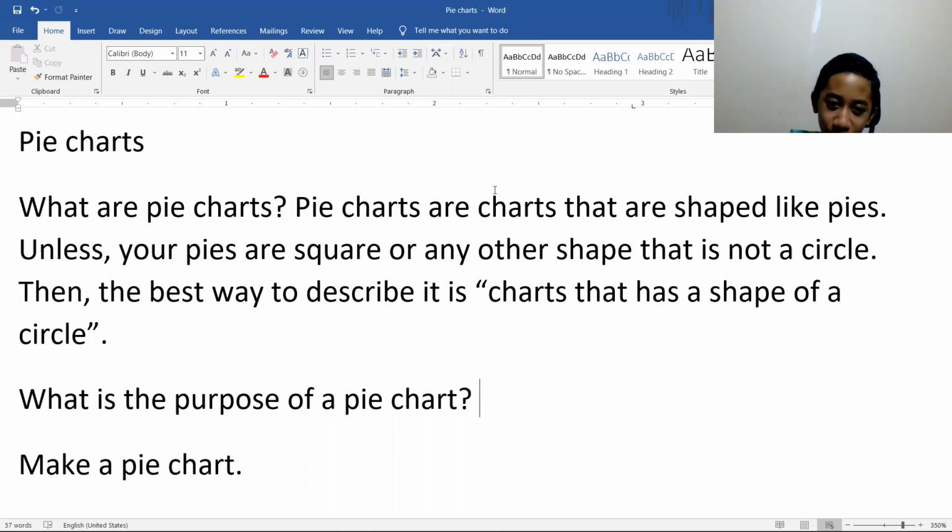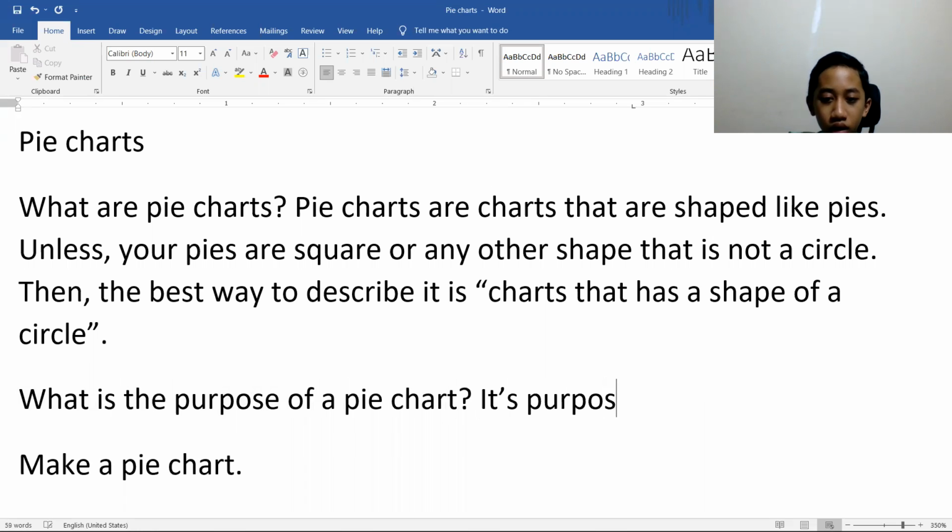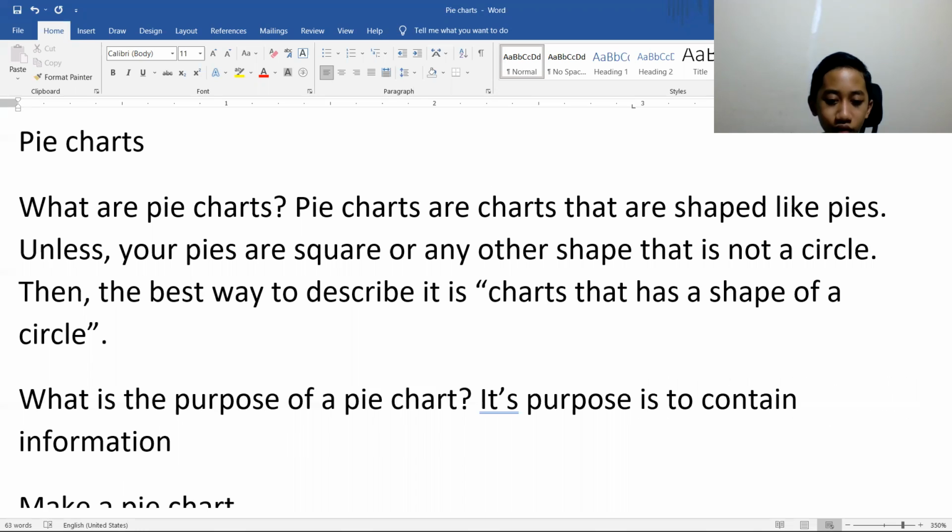Again. Yay. What is the purpose of a pie chart? Its purpose is to contain information while also being easy to read.